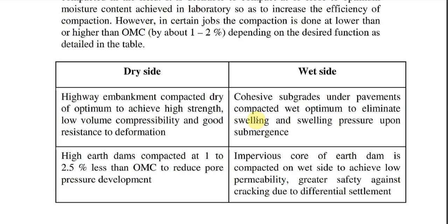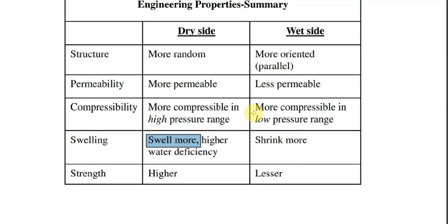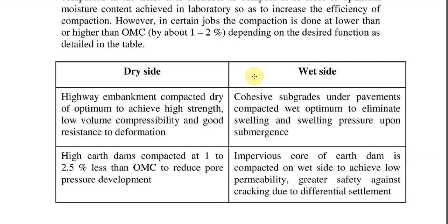On the wet side of the optimum, the permeability is low because already the pores are completely filled with water, and the water cannot easily flow through the voids, so it is less permeable. Hence the inner impervious core of the earthen dam is compacted on the wet side of the optimum to achieve low permeability.